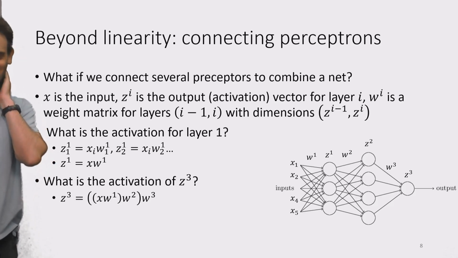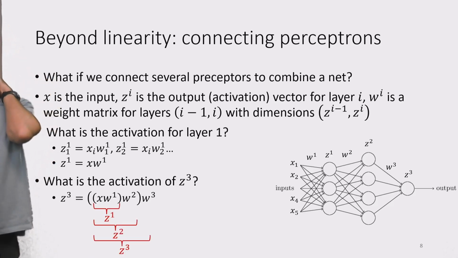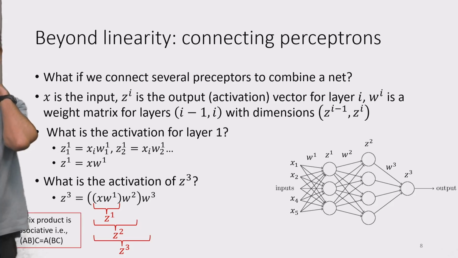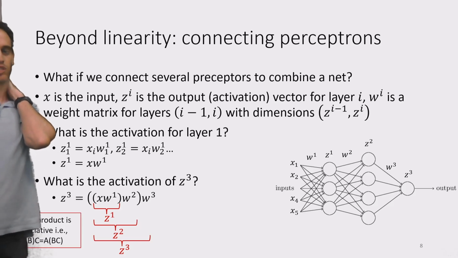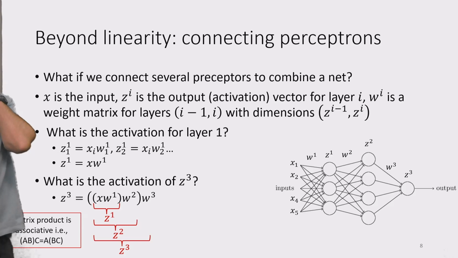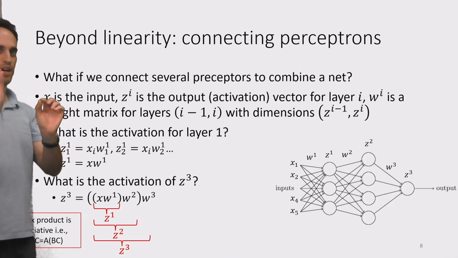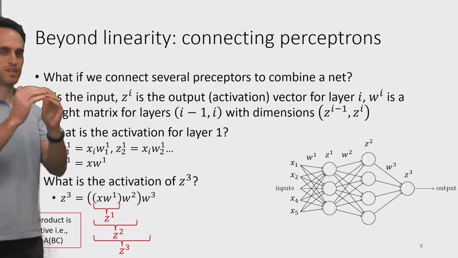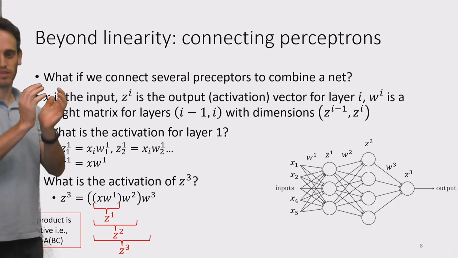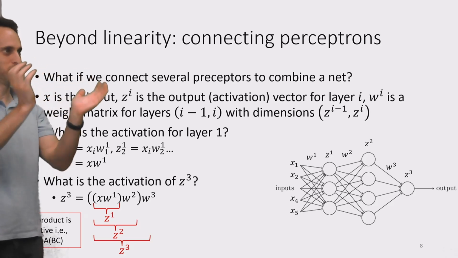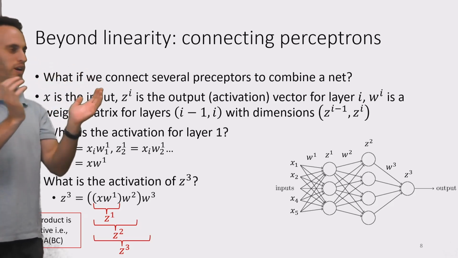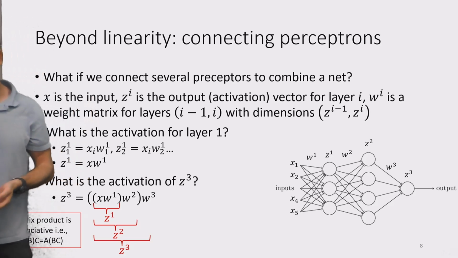However, this translates into the different activations in each layer. Note that matrix product is associative. That is, you can move the brackets around.